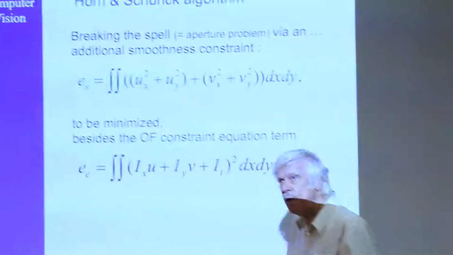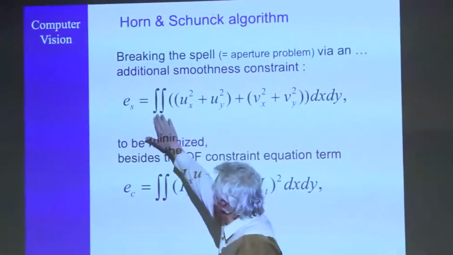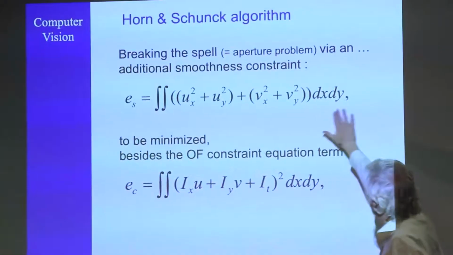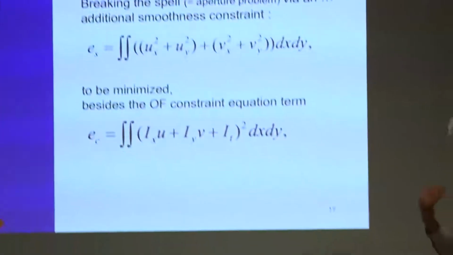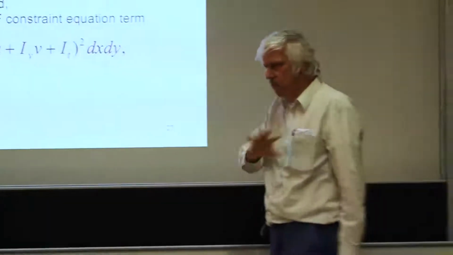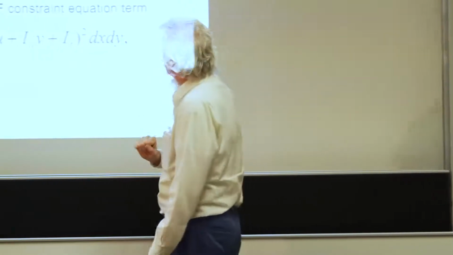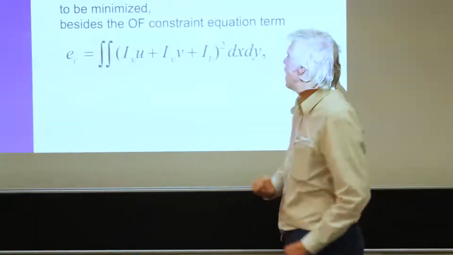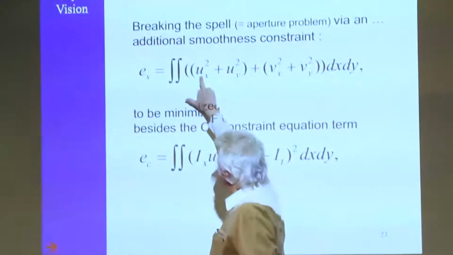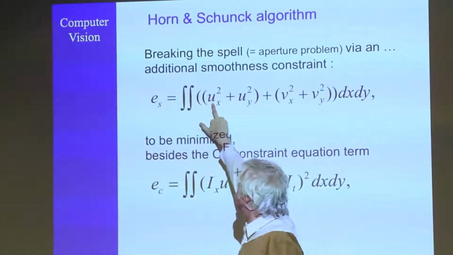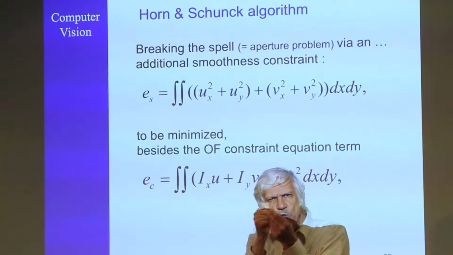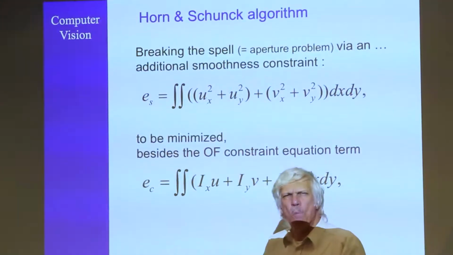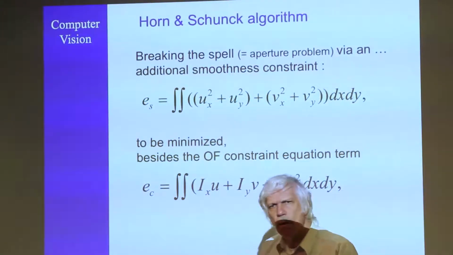And that is what we express with this integral. Again, a double integral across the entire image. We apply the same philosophy with squares as before, but let me come back to that in a second. What we say here is that if you have the horizontal motion of 2 neighboring pixels, Ux is in fact comparing the horizontal motion between 2 neighbors, and this should be small. They should be similar.